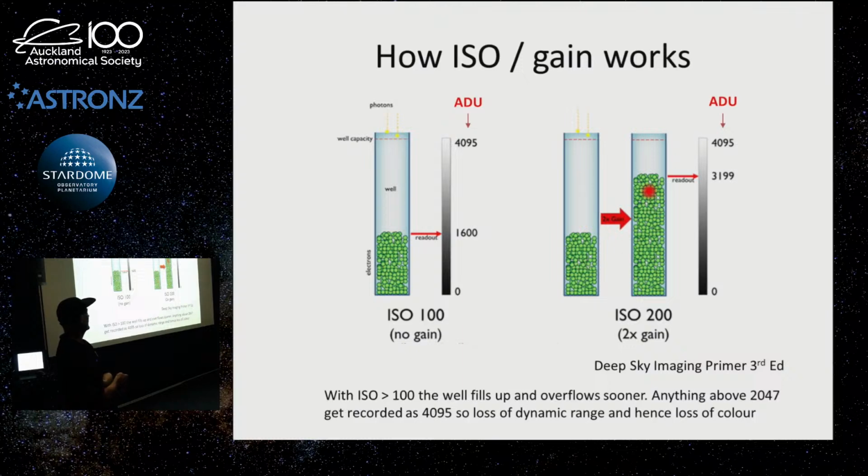It just doubles that number, and so we've got 3200 or 3199 electrons. So you can see that by applying ISO or gain, you're effectively reducing the capacity of the well because it's going to overflow a lot earlier. That's the technical explanation of why that post-processing step done inside the well is a bad thing and why you lose dynamic range. We've automatically halved the dynamic range by using an ISO of 200.